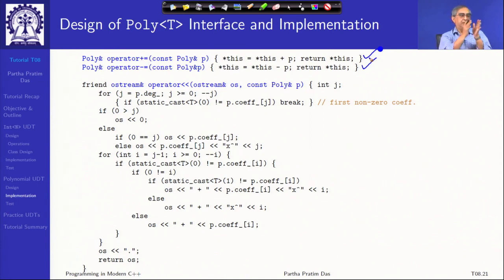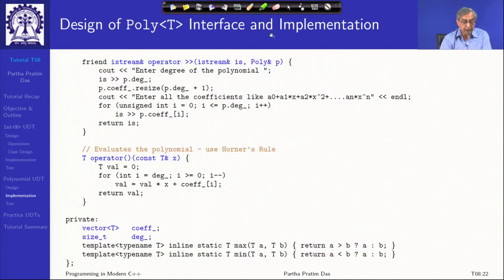If the constant is 5, you do not write it as 5 into x to the power 0, you will just write it as 5. So, these different cases are checked, and this is just a simple logic based C kind of program for output streaming. Similarly, you have input streaming, which is simpler, and finally, you need a function to evaluate the polynomial.